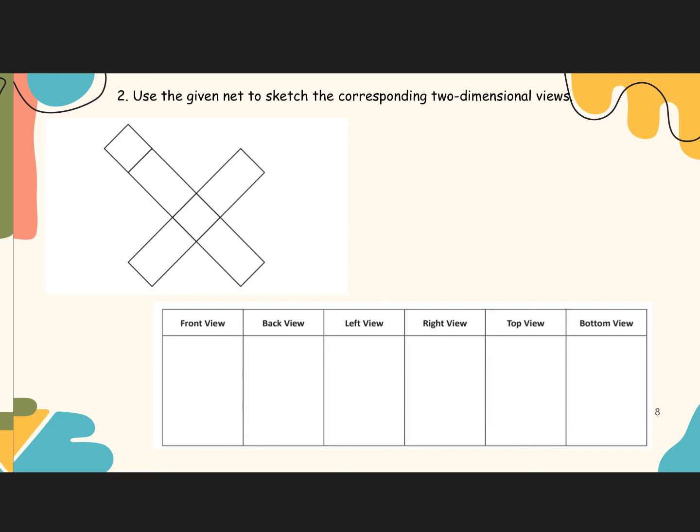So for my front view, I'm going to include this as my front view. I'm going to have a rectangle. For my back view, I'm going to have a rectangle. For my left view, a rectangle.